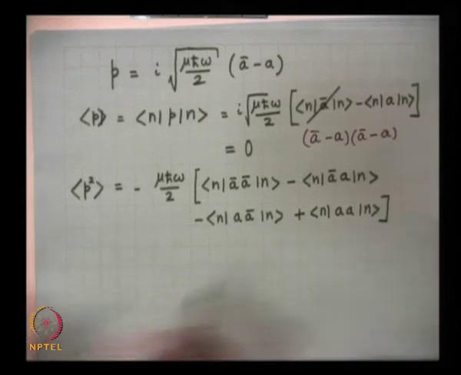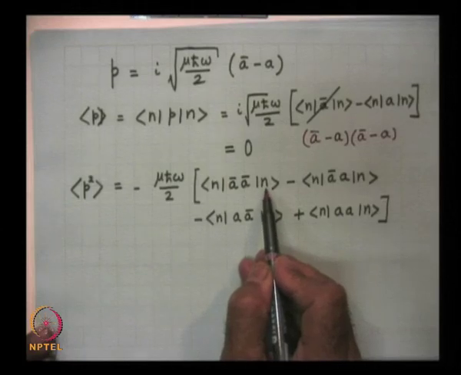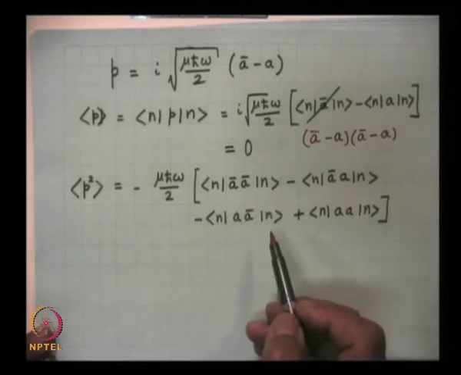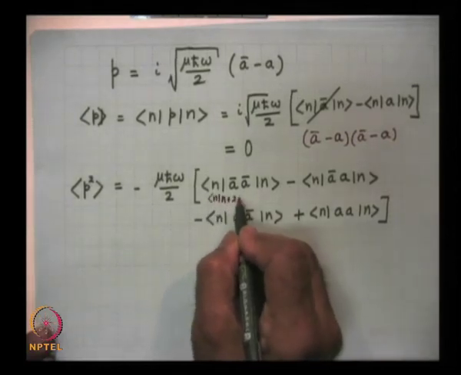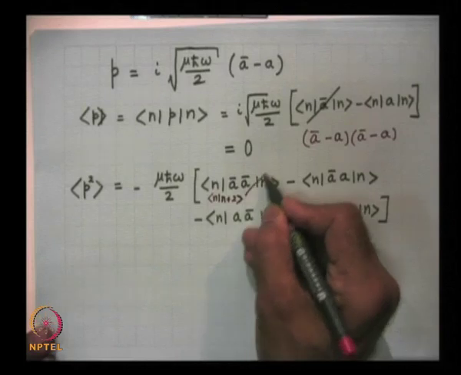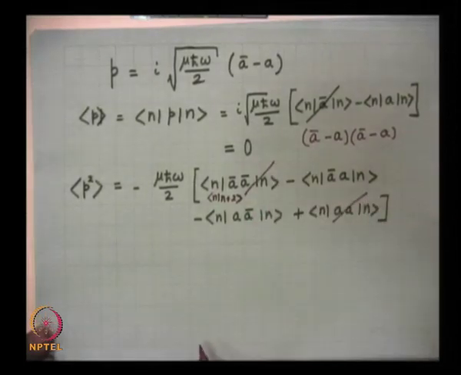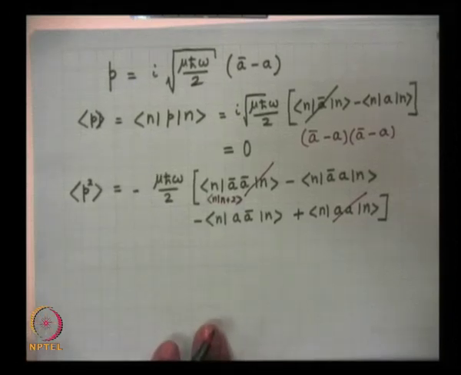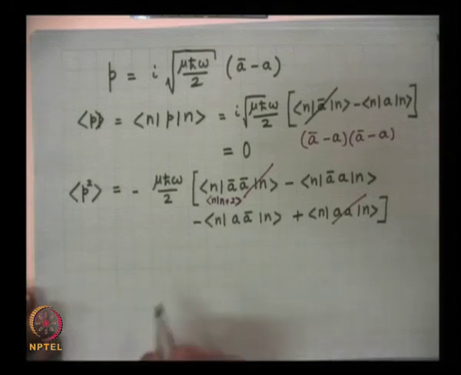I hope you now realize that this term will be n plus 1 some multiple, and then A bar on n plus 1 will be proportional to n plus 2. So, we will have a term which is n plus 2, which is 0. So, this term is 0, similarly this term is 0, and I can take the minus sign outside, and I leave it as an exercise for you to calculate the expression.